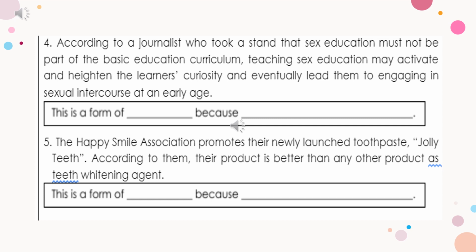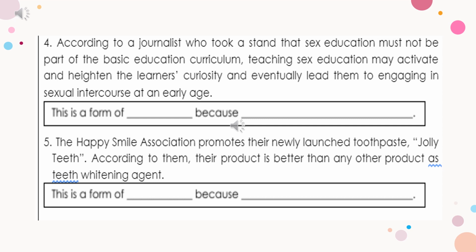Number five, the Happy Smile Association promotes their newly launched toothpaste, Jolly Teeth. According to them, their product is better than any other product as teeth whitening agent. This is a form of bias because it's for the purpose of marketing, and there's no such research justifying that their brand is better than other products.